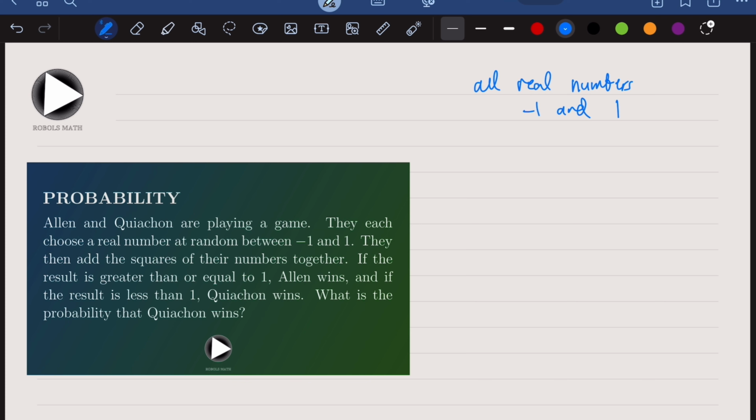We will calculate the probability by interpreting the situation using geometric concepts. In this case, let us consider X to be the number chosen by Alan at random. Then Y is the choice of Quaichon.